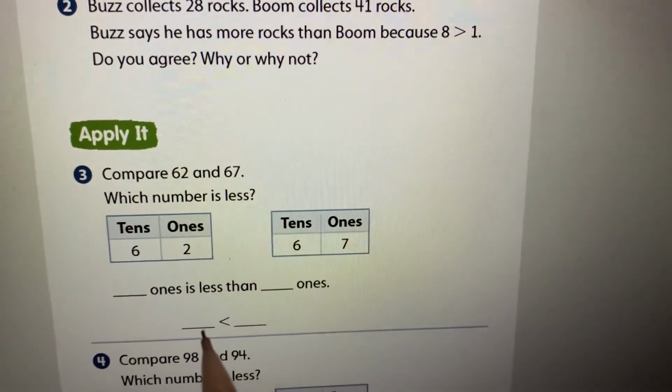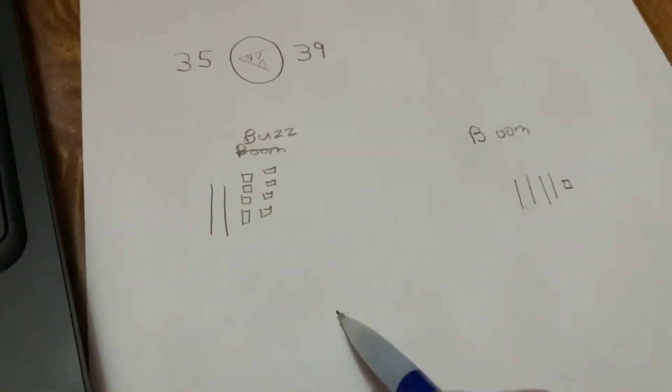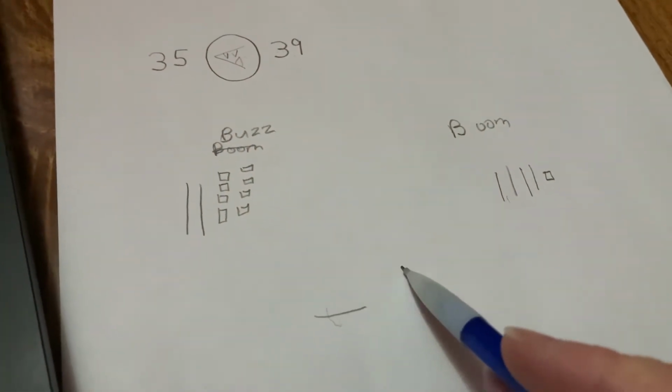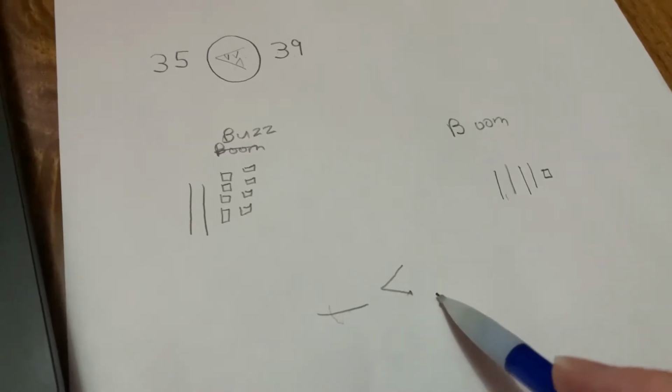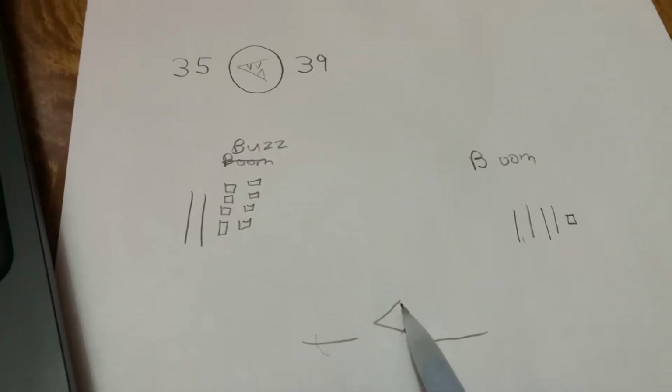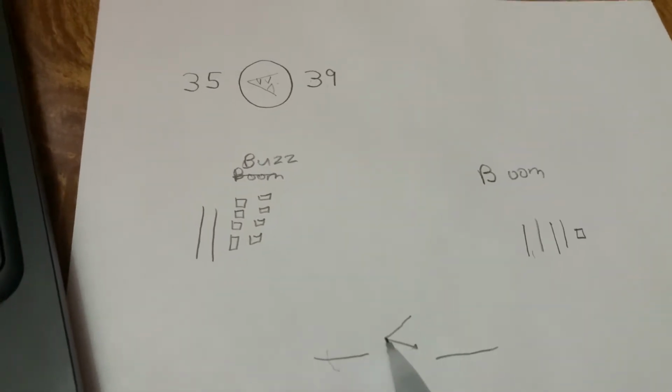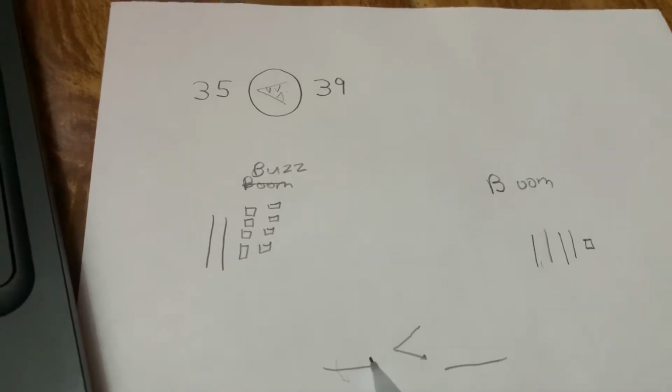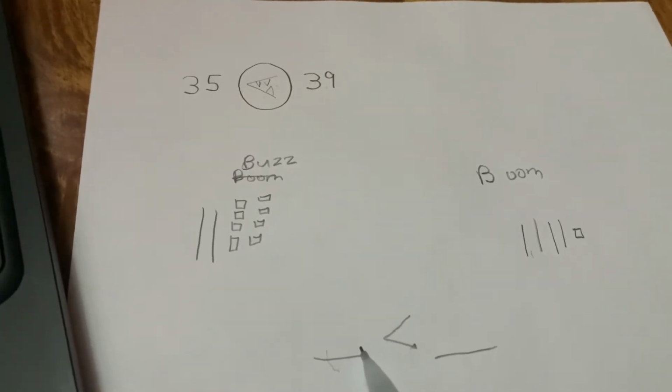So look at this little picture here. I'm gonna draw it over here for you. They already gave you the greater than, less than symbol. So this means the number is bigger. This means this number is smaller.